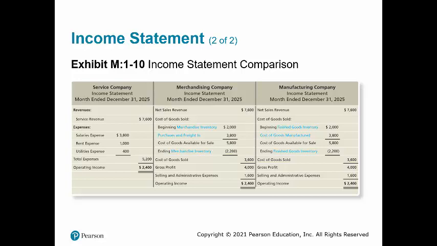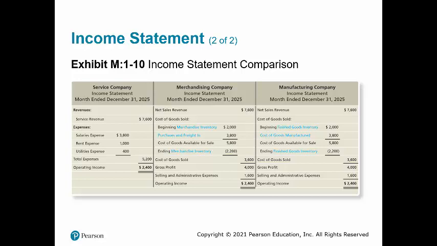To calculate cost of goods sold for a merchandising company, we start with beginning merchandise inventory, then we add to that any purchases and freight in to get cost of goods available for sale, then we subtract ending merchandise inventory to determine cost of goods sold.